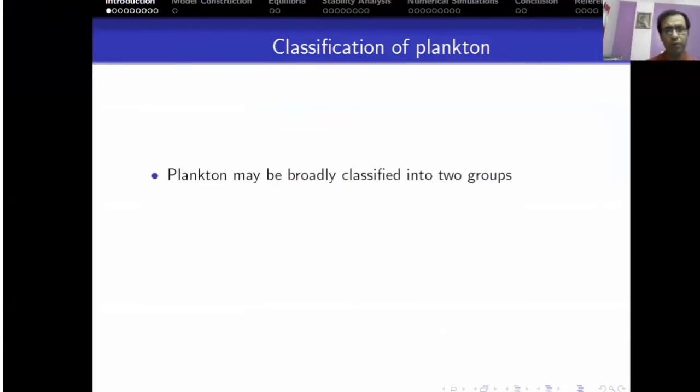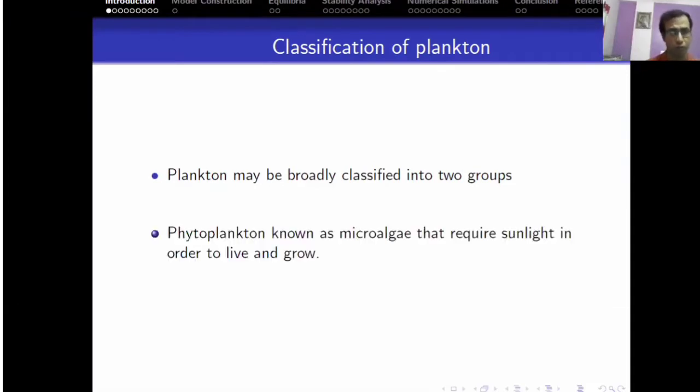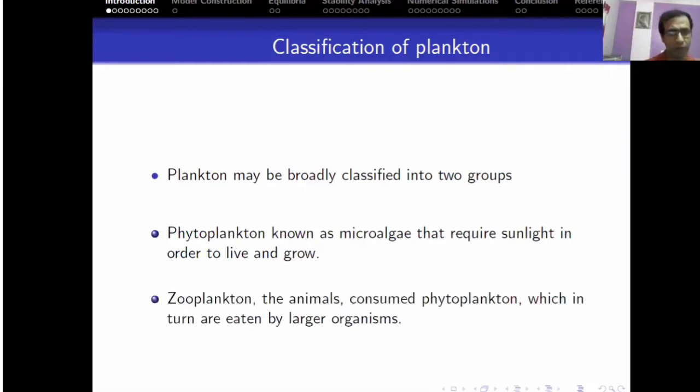We all know that plankton may be broadly classified into two groups, phytoplankton and zooplankton. Phytoplankton, known as microalgae, require sunlight in order to live and grow, while zooplankton are animals that consume phytoplankton, which in turn are eaten by larger organisms.